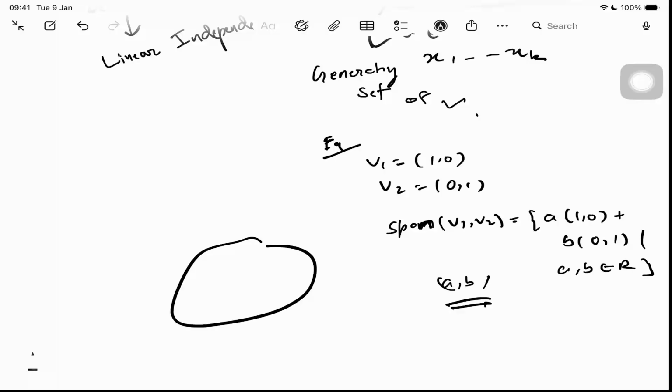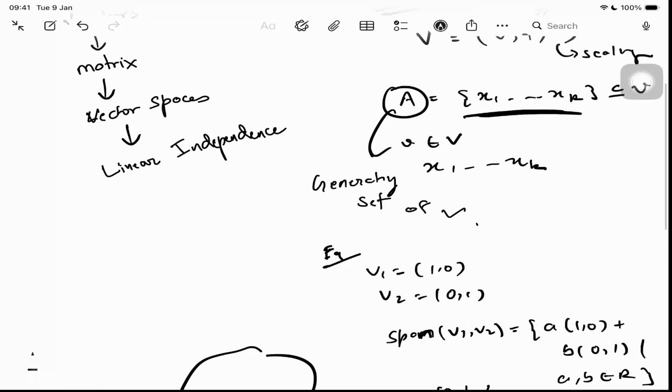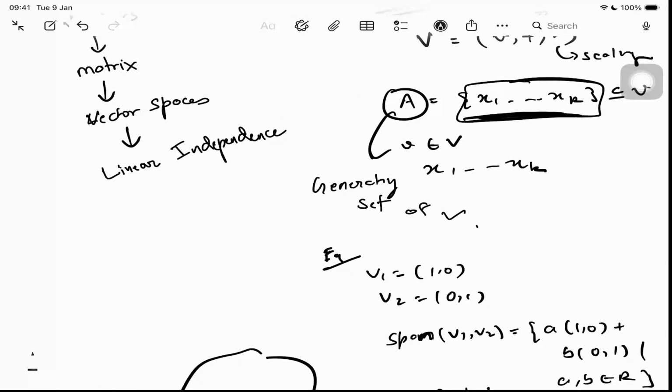In short, span is all vectors that can be formed using the given vectors. Here, the given vectors were x1 to xk, so everything that we can form from these vectors will be the span of A.